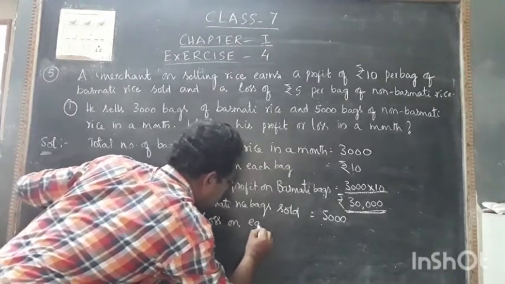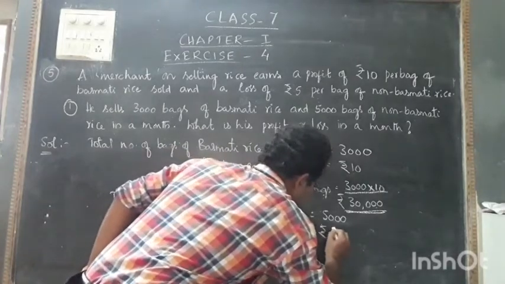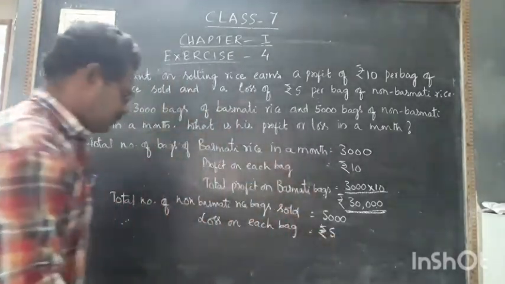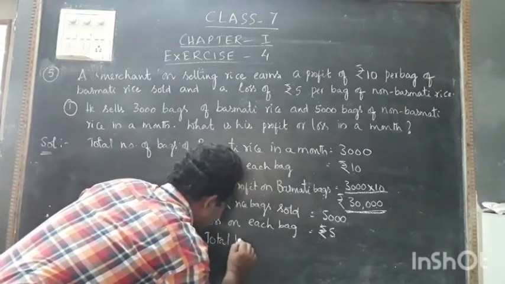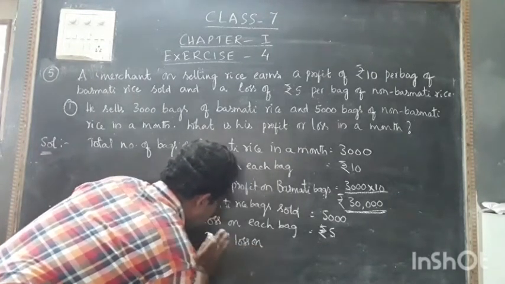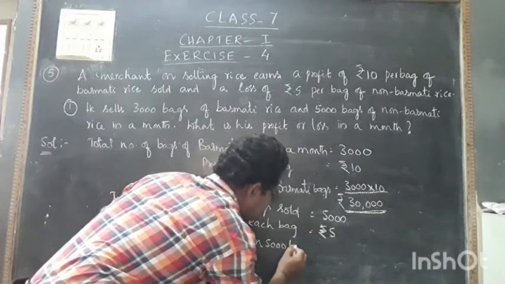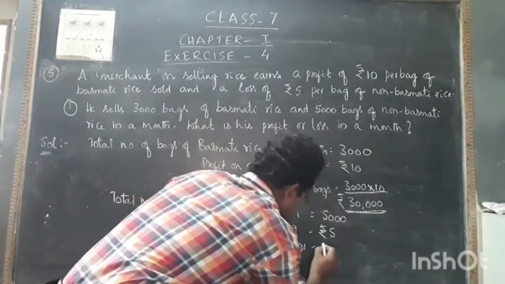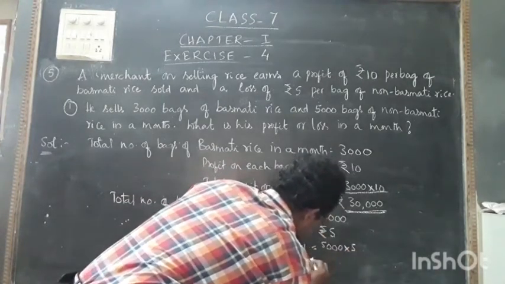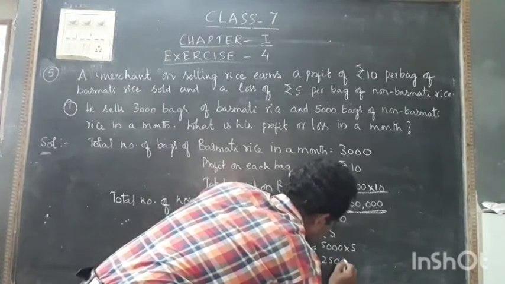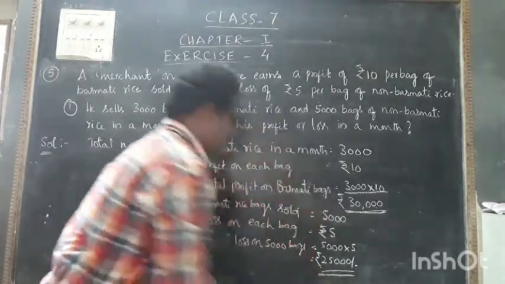Loss on each bag is equal to how much? 5 rupees is the loss. So total loss on 5,000 bags of non-basmati rice is equal to 5,000 into 5. It is nothing but 25,000 rupees is the loss.